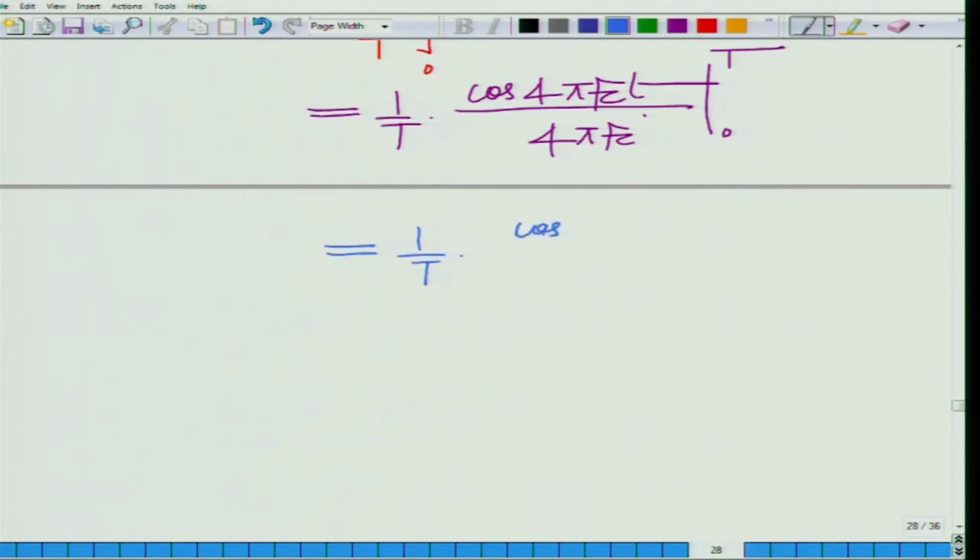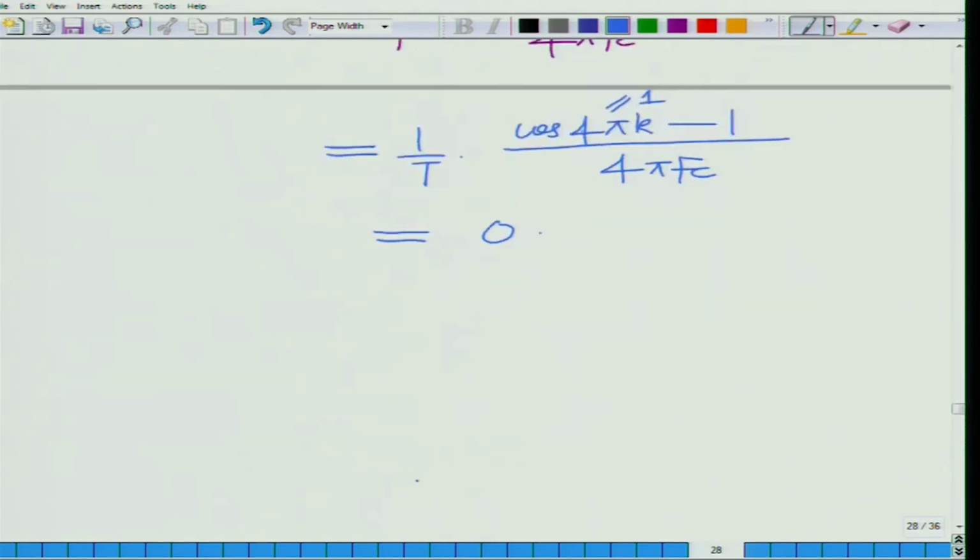This is cosine 4 pi, now f_c into T is k, so 4 pi k, minus cosine 0, which is 1, divided by 4 pi f_c. Cosine 4 pi k is equal to 1. So this is basically equal to 0.